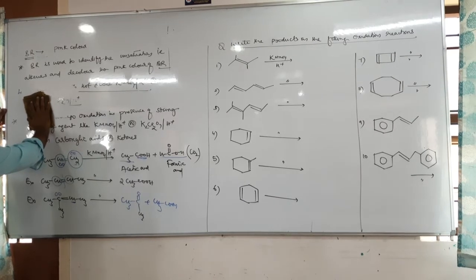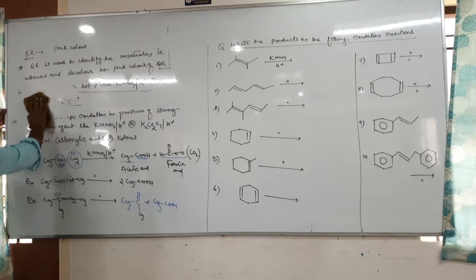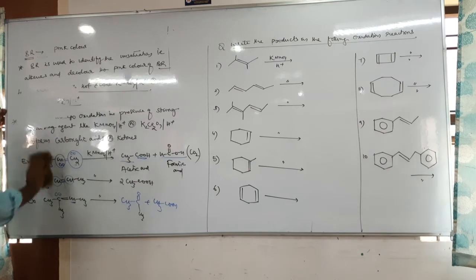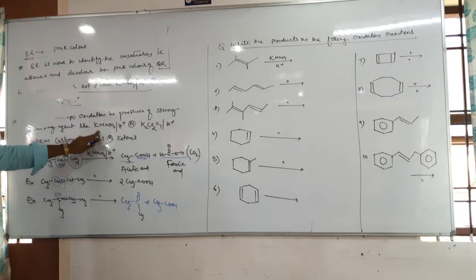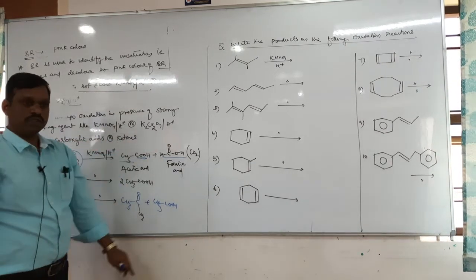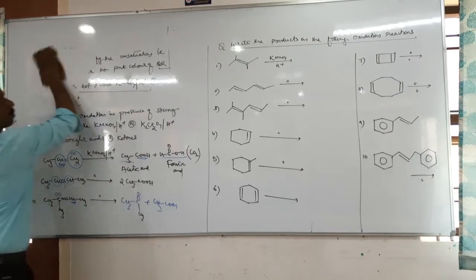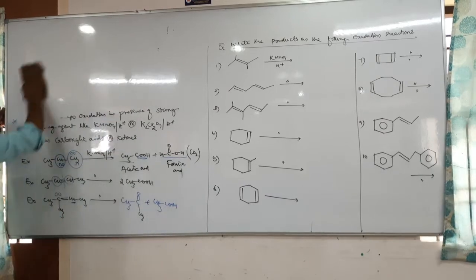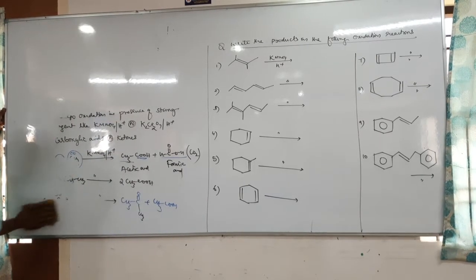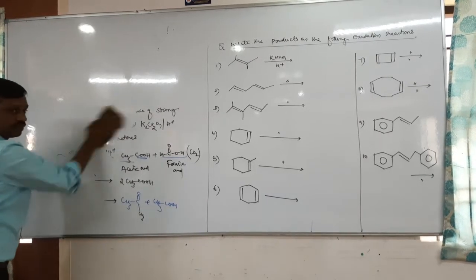Which one? Strong. KMnO4 acidic medium, K2Cr2O7. Yes. In the d-block elements you have studied, no? They are strong, not mild. In alkaline medium, mild.